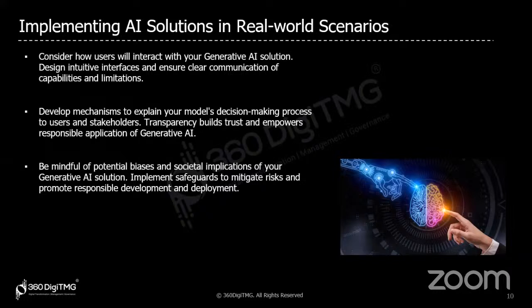So, in order to avoid these things and getting into pervasive legal lawsuits, I think all of this can be avoided if we are mindful enough to consider the societal implications of what your data or your GenAI solution can impact. Implementing safeguards in order to reduce the risks, okay, and ultimately being responsible in development and deployment.